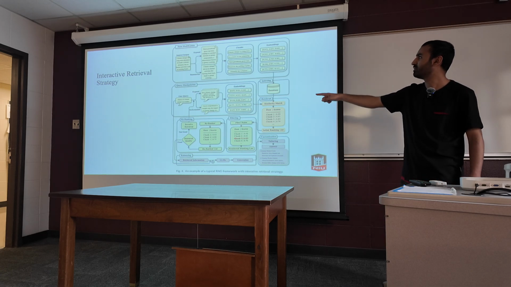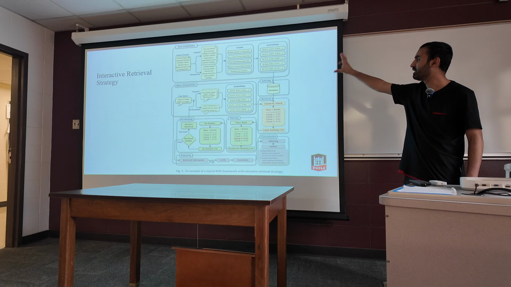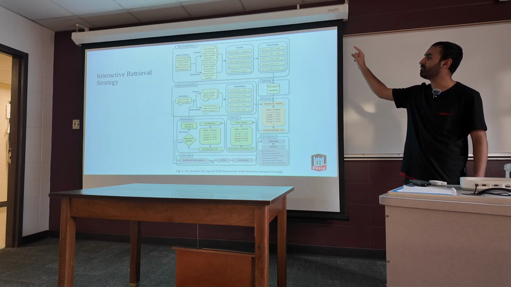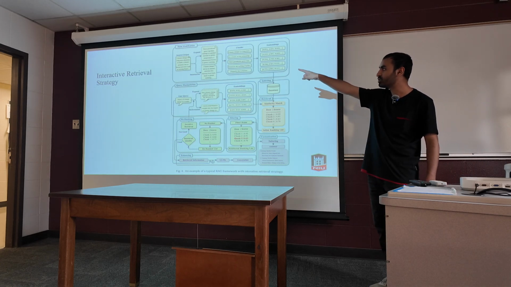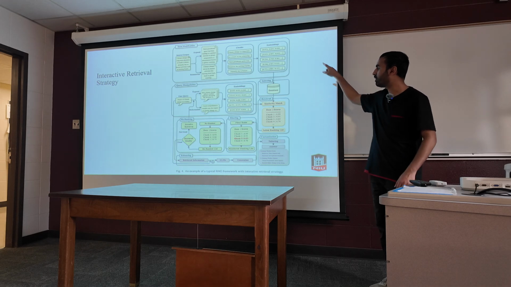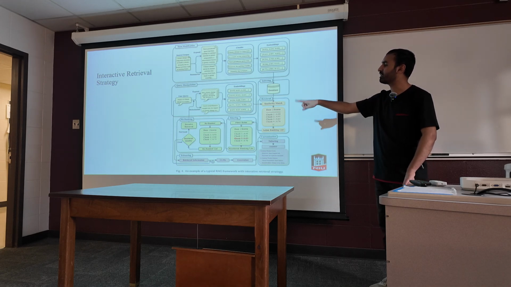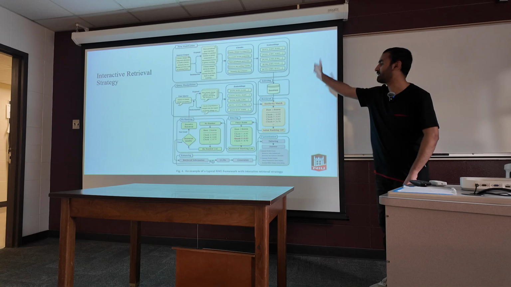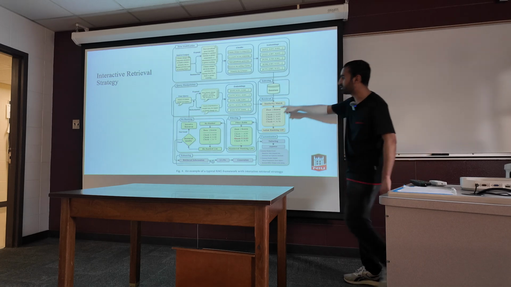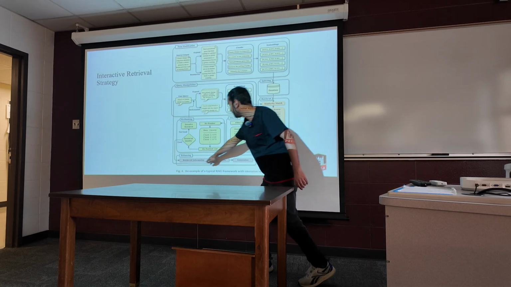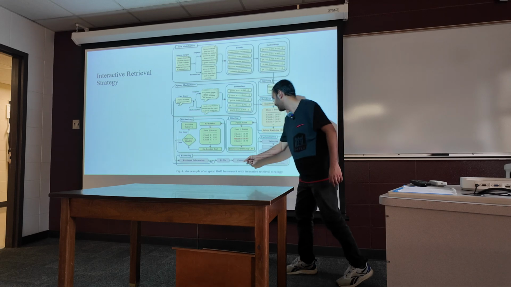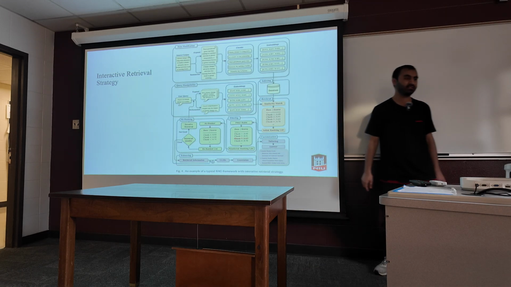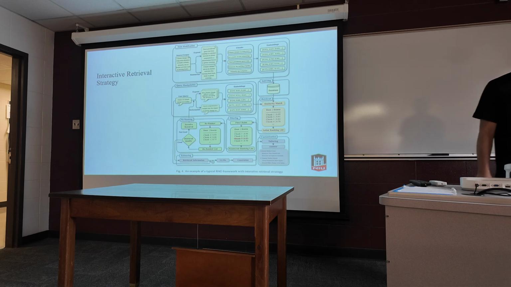At first we are doing the ranking from the user query and source corpus, and we go through the whole system, and if it doesn't pass the threshold, we repeat the same process. And then if it's good, it goes to the LLM generator, and we are generating some information. This is called interactive retrieval strategy.